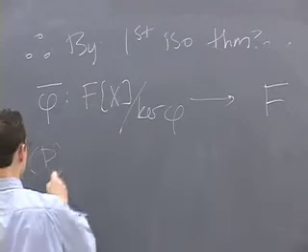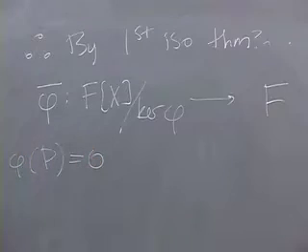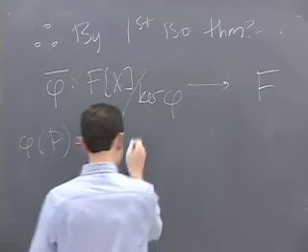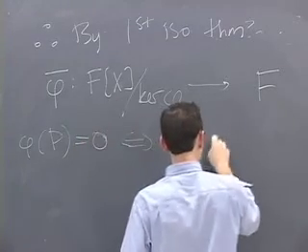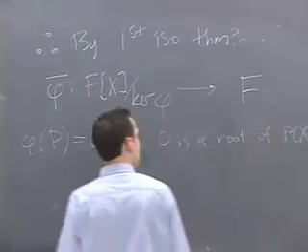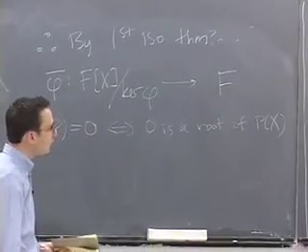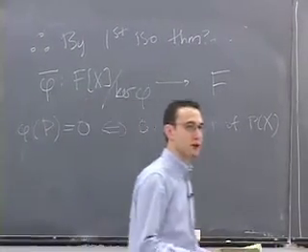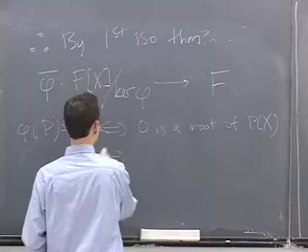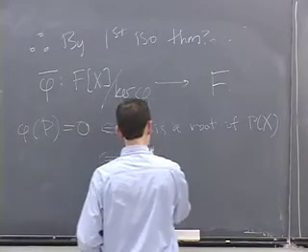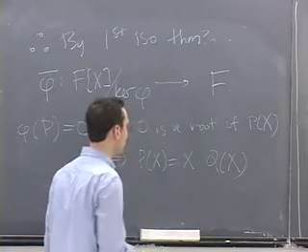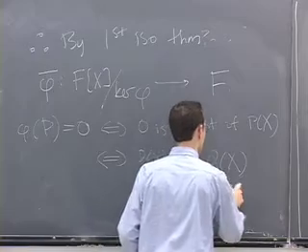Well, this is not too hard to see. The kernel is the set of things which map to 0. A polynomial maps to 0 if and only if 0 is a root of p of x. But we saw over fields that a polynomial has a particular root if and only if x minus that root divides the polynomial. So this is true if and only if p of x equals x times q of x, where q is some other polynomial in F[x].